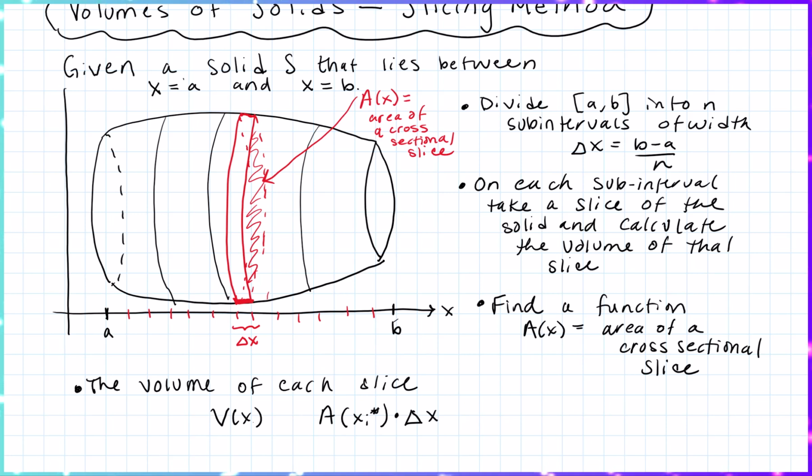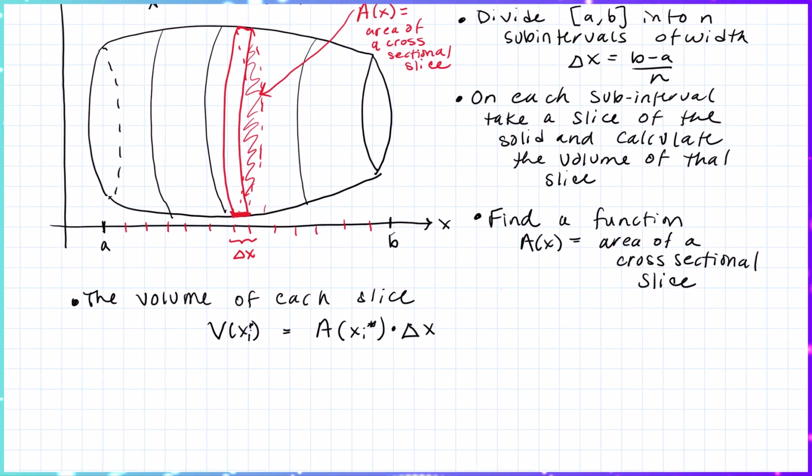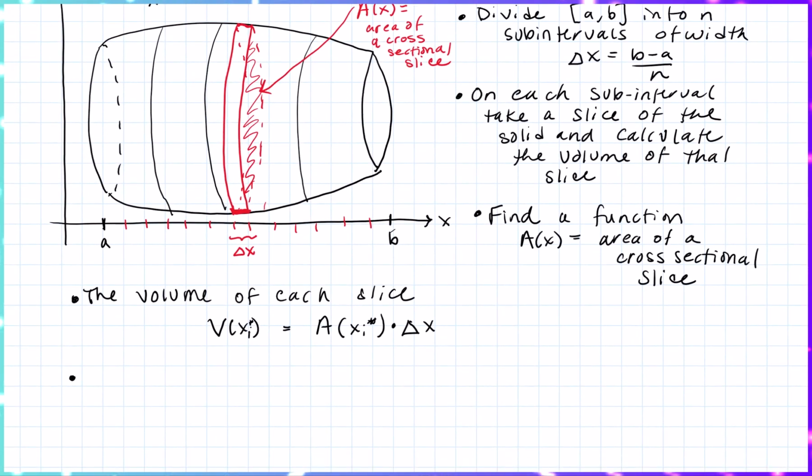That's the volume on the ith interval. But we want the volume across the entire solid. So we're going to add up, just like when we were finding areas, the volume of each slice and let n go to infinity.